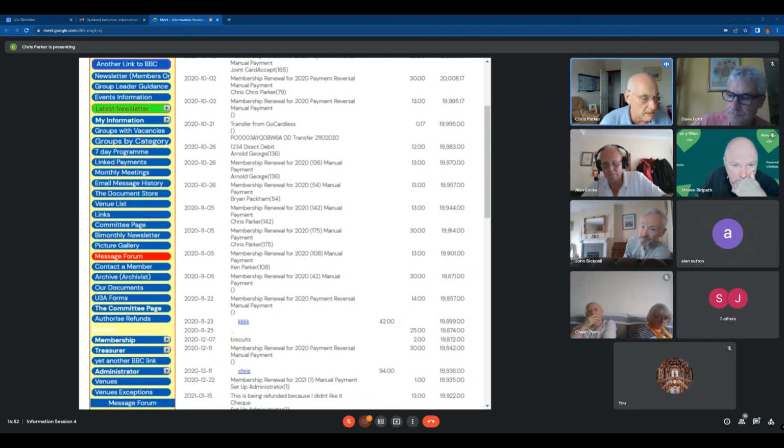Now, what it does now is it basically remembers what you last put in. You being an individual, not you being a U3A. So if you put a bank transfer in last time, it will default to that. And if you then change it to something else next time, it'll go to whatever you've changed it to. So it just basically remembers what you last used.